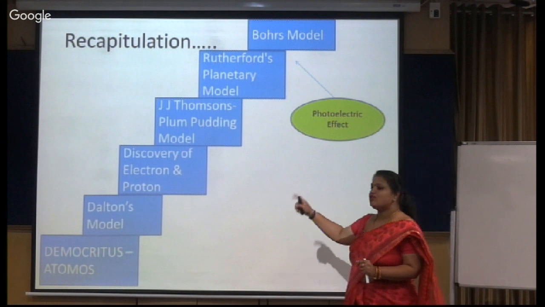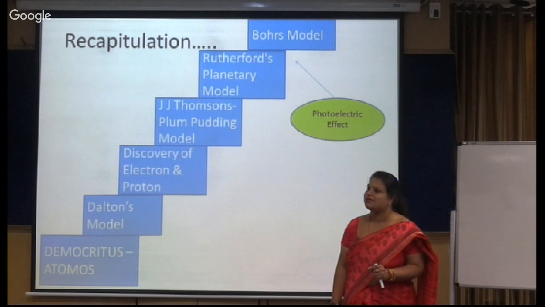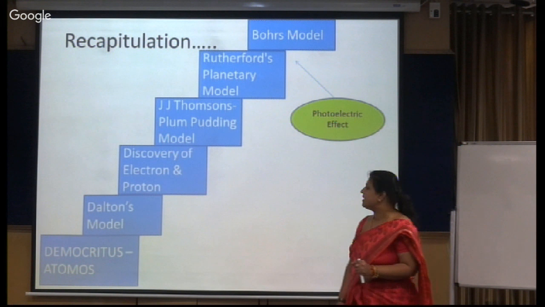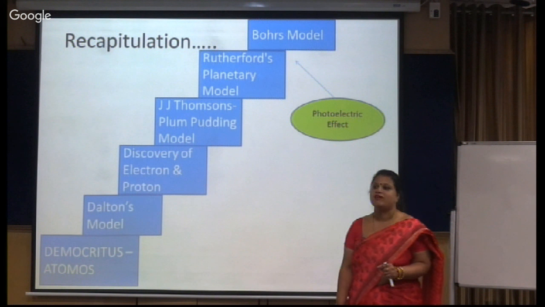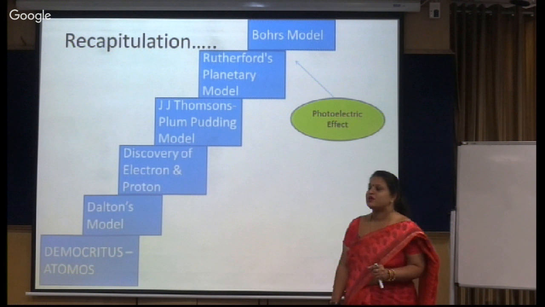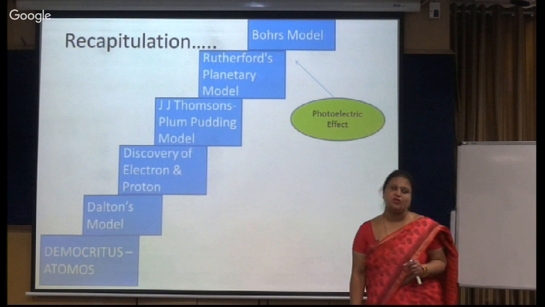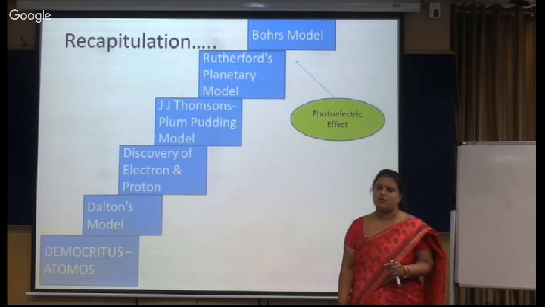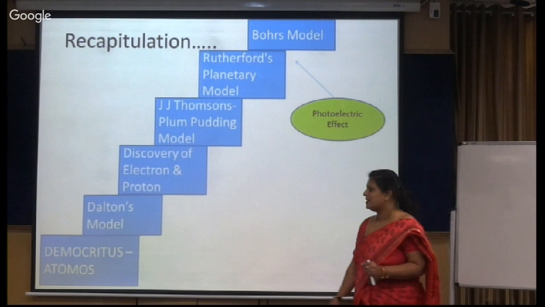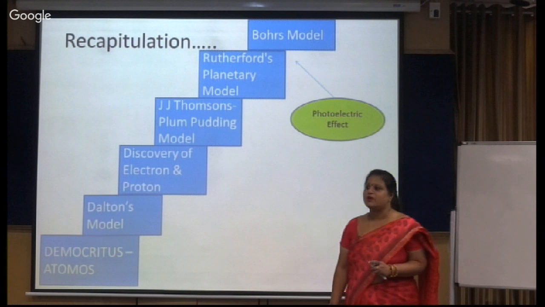However, later on with the discovery of electrons, as we all know and we discussed last time, electrons were discovered by Thomson. He took help of the cathode rays, which were discovered by William Crookes, and he discussed the properties of the cathode rays and finally said that these rays are made up of negatively charged particles, that is electrons. Similarly, the protons were also discovered during that time.